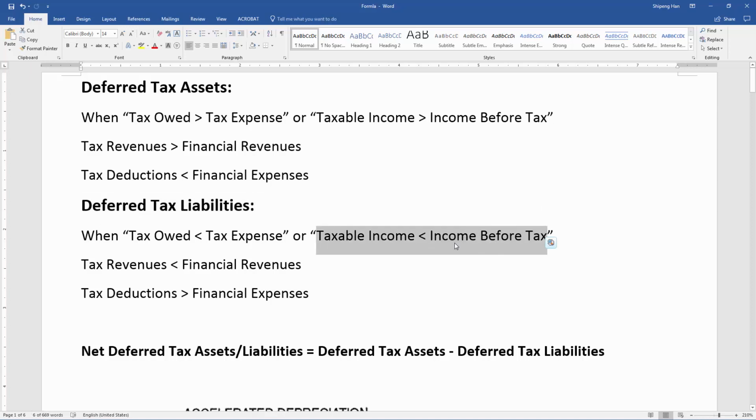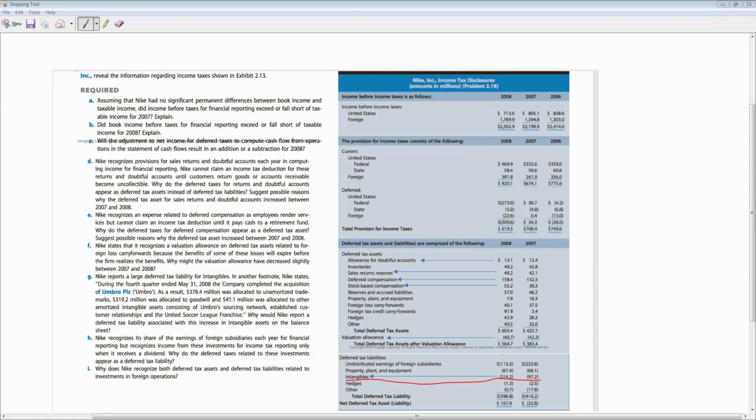The income from subsidiaries will be recognized here earlier than in tax reporting. So deferred tax liabilities, right? That's also what we find here: distributed earnings of foreign subsidiaries.